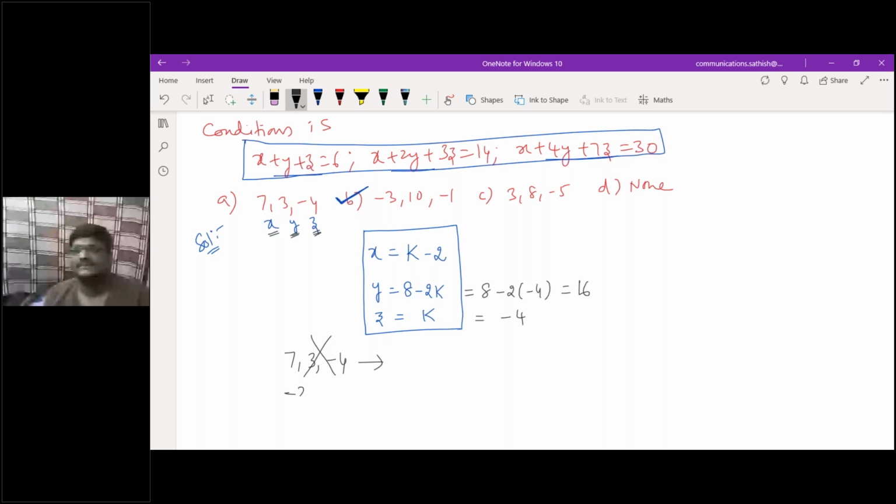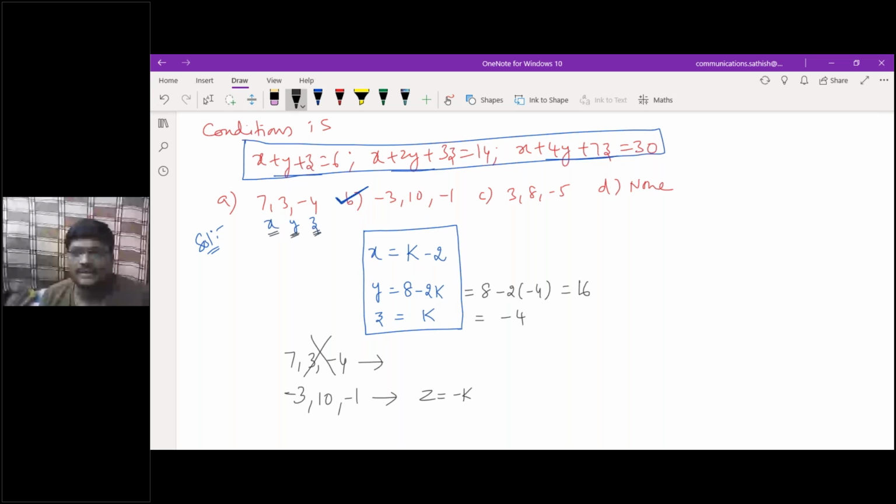If you want, you can cross verify the third option also, it won't satisfy. So this won't satisfy and this also won't satisfy. Only option B satisfies this condition. So the answer for that problem is what? Option B is the right answer.